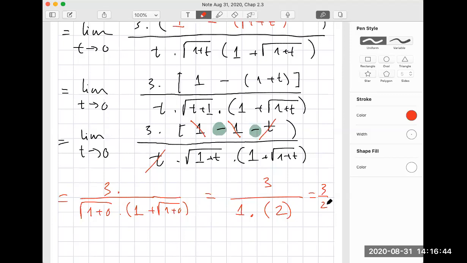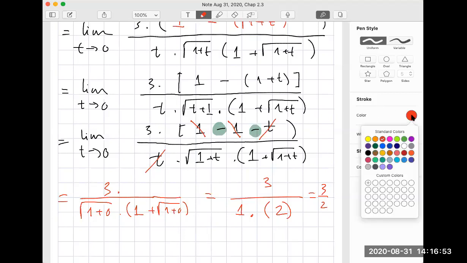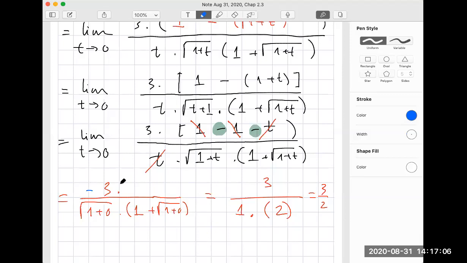So is it positive 3 or negative 3? Oh, very good. Yeah. You're still awake. So here, remember, this is negative t, right? Very careful. So this should be negative right here.